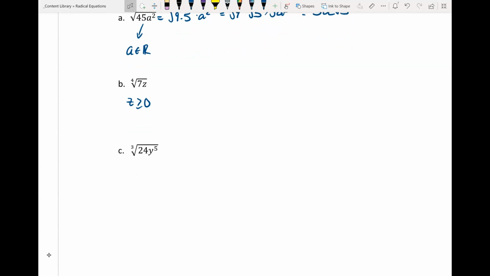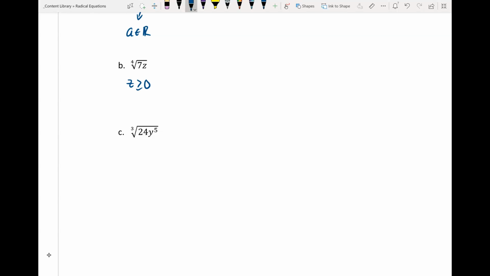Then lastly, for C, we have the cube root of 24y to the power of 5. I'm going to try to rewrite 24 using a product of perfect cubes. So 8 times 3 can give us 24, and 8 is a perfect cube.